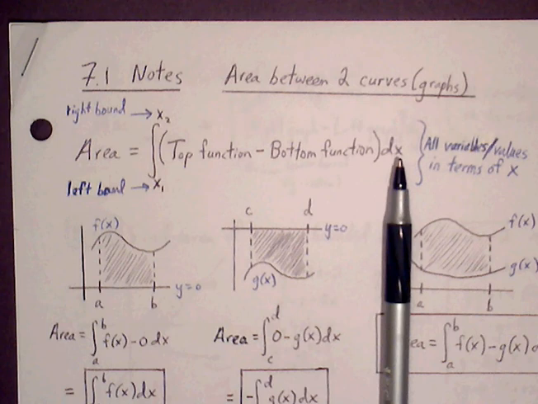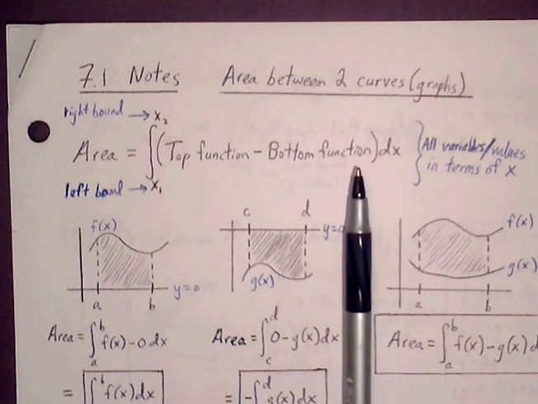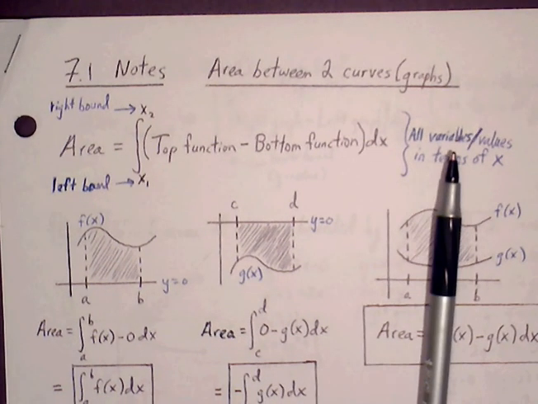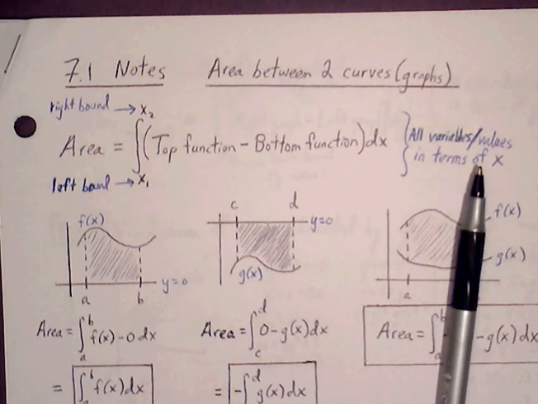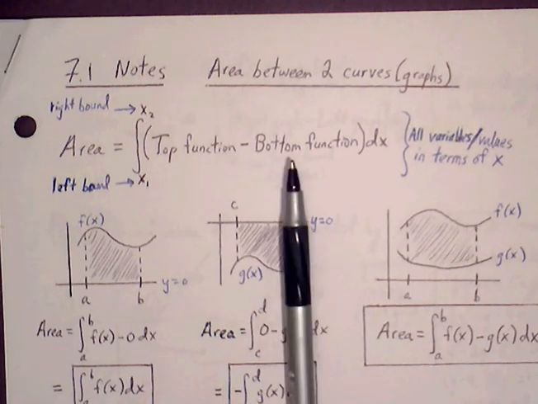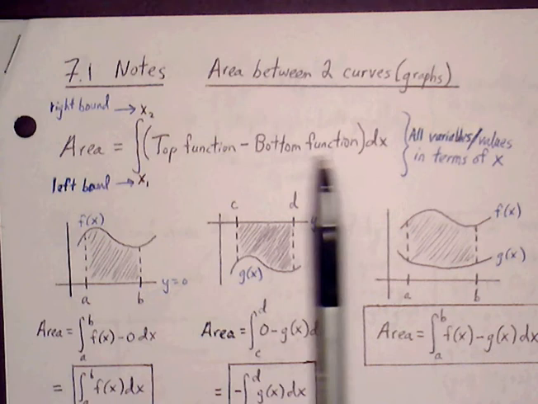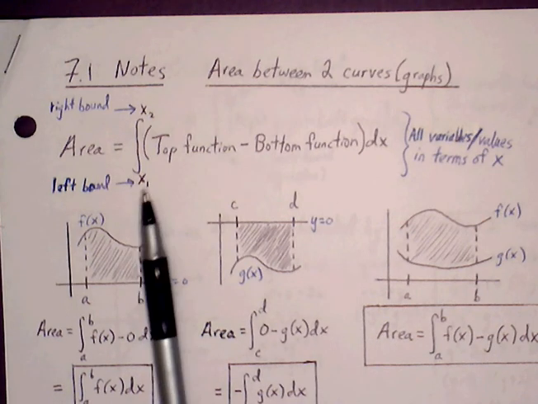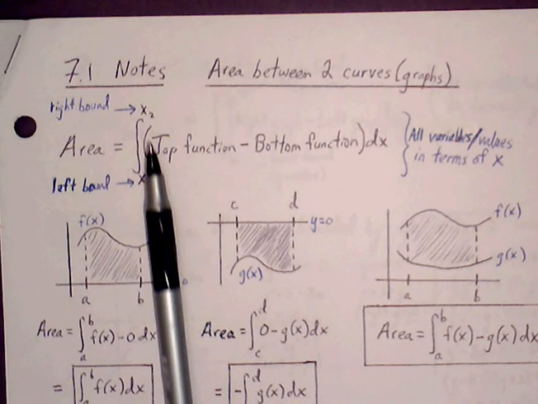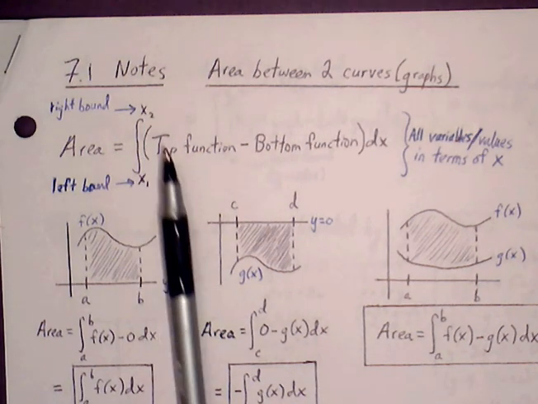Okay, dx. If we want to use this formula, we have to make sure that all of our values are in terms of x, that our functions are in terms of x, we have dx here, and our bounds are also in terms of x. So we're going to go from the left x value to the right x value.